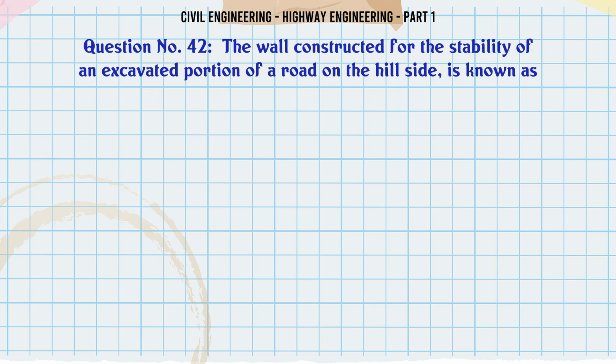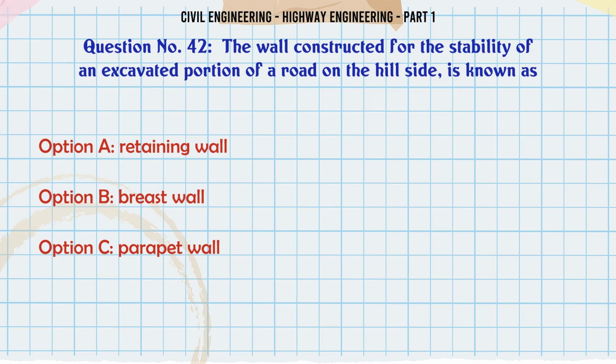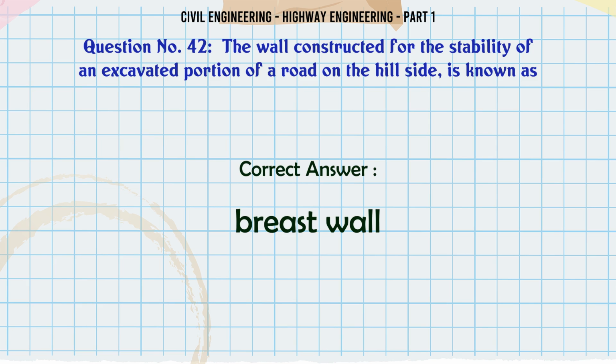The wall constructed for the stability of an excavated portion of a road on the hillside is known as: A, retaining wall; B, breast wall; C, parapet wall; D, all the above. The correct answer is breast wall.